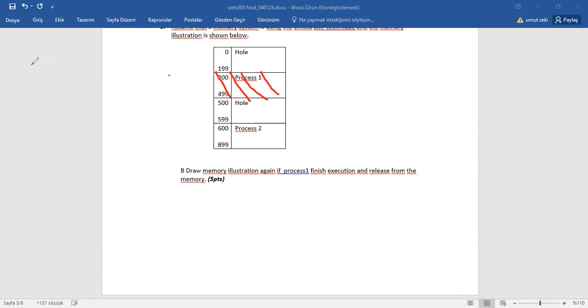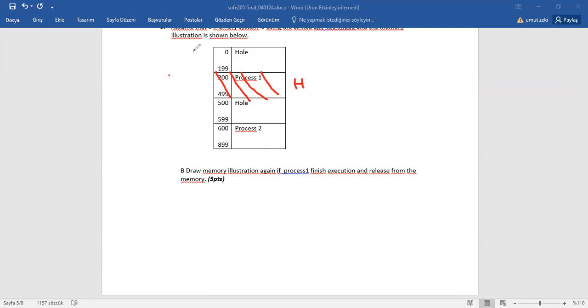If holes, I mean empty parts of the memory, are one after the other, we are not separating them. We are separating them if there are one or more processes in between. So when process one is cleared, this part is also a hole.